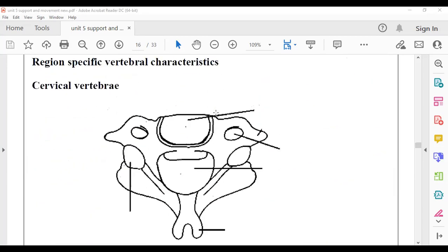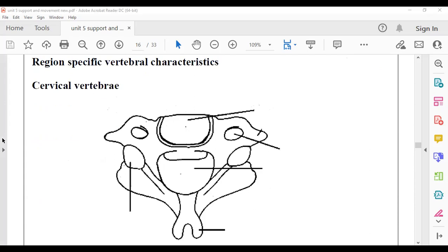And today, we are going to discuss from here, right? Now, the special vertebra, that means from the typical vertebra, this is the type of vertebra.